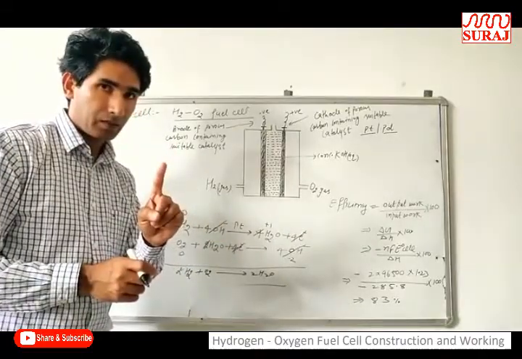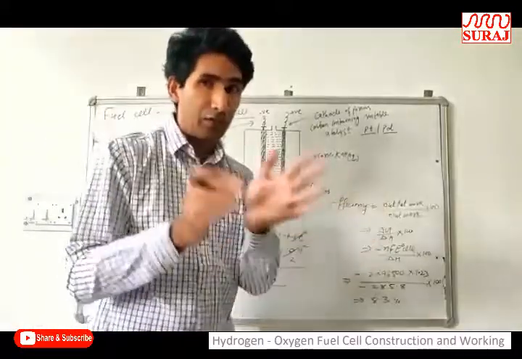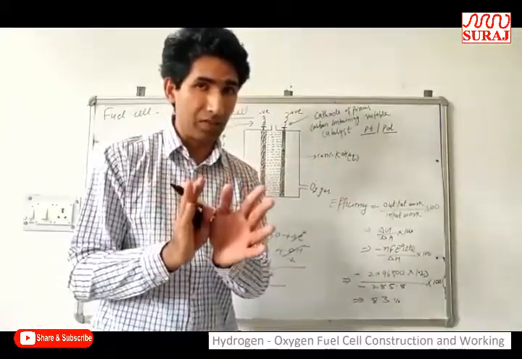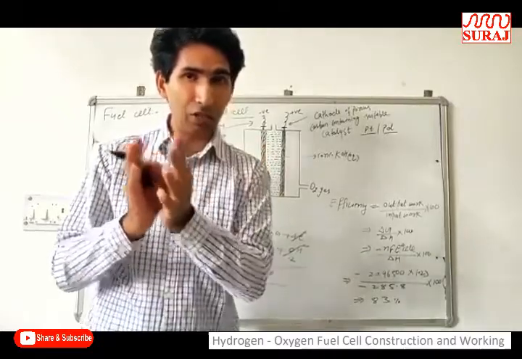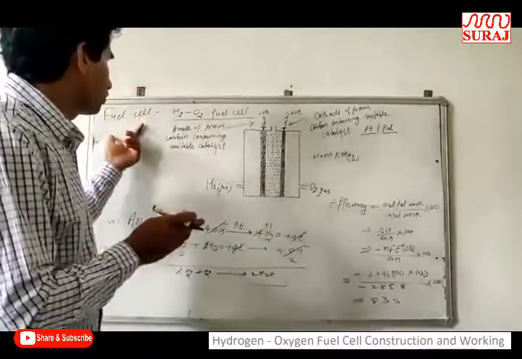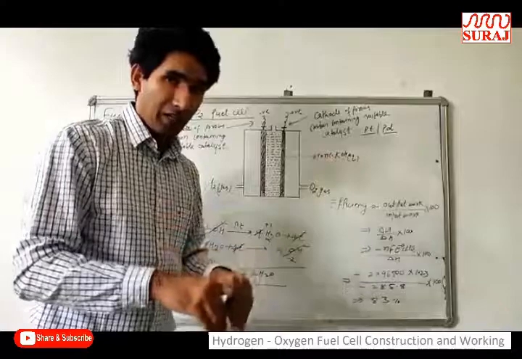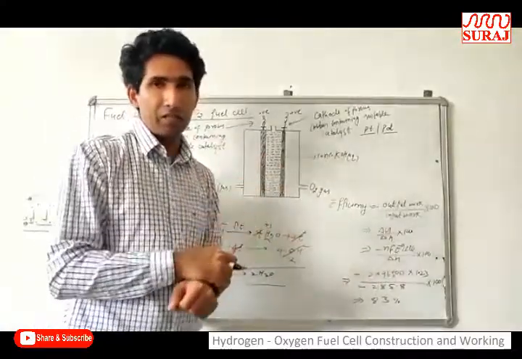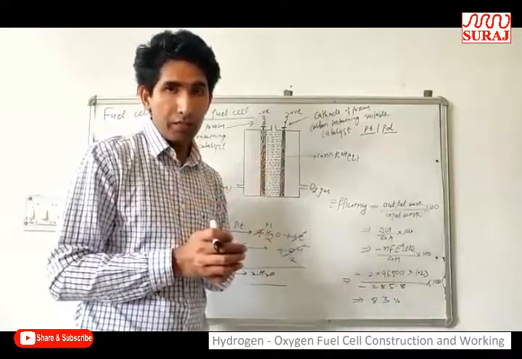Clear? The cell operates at 70 to 140 degrees Celsius. This is not a disadvantage. Clear? So this was the fuel cell construction, then working, then advantages and some disadvantages. Fine, bachcho. This is all for today.